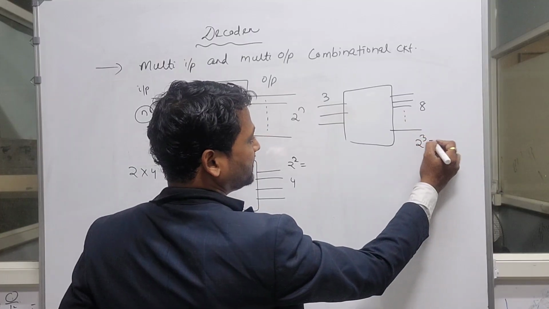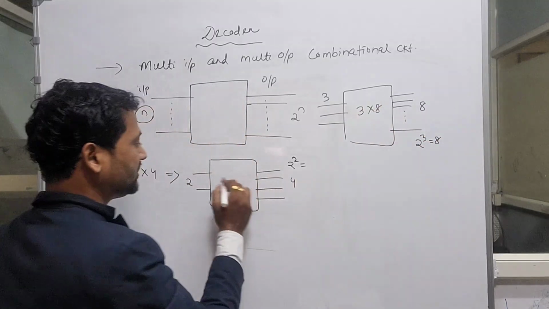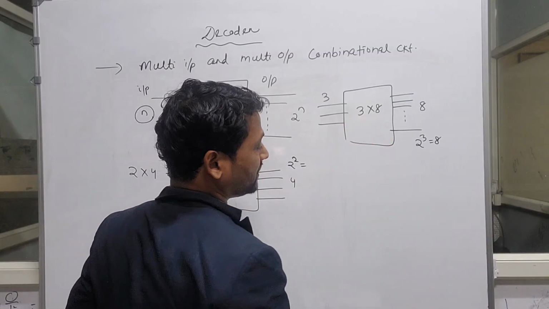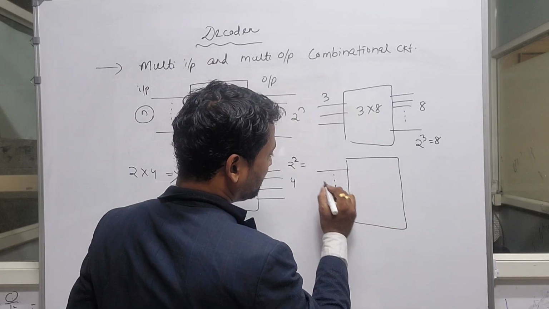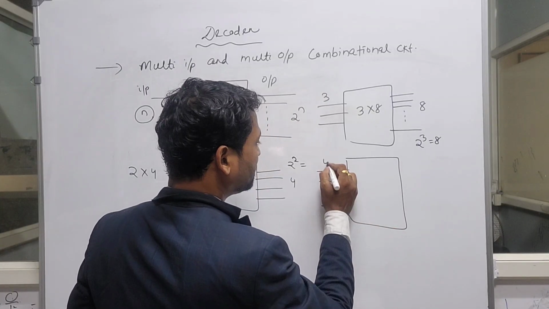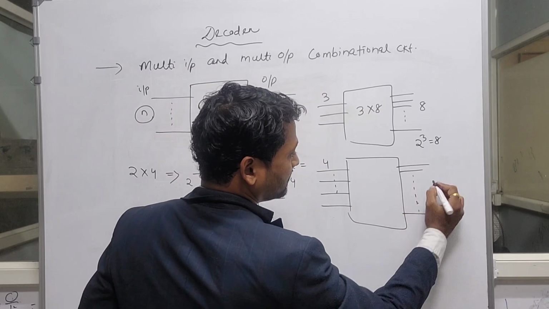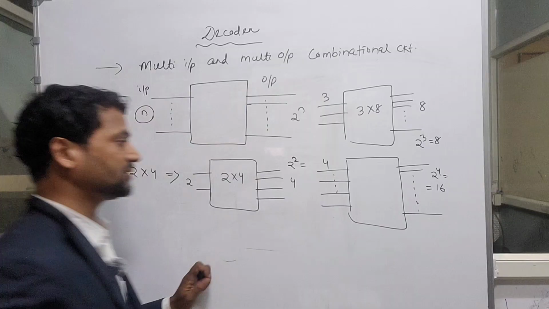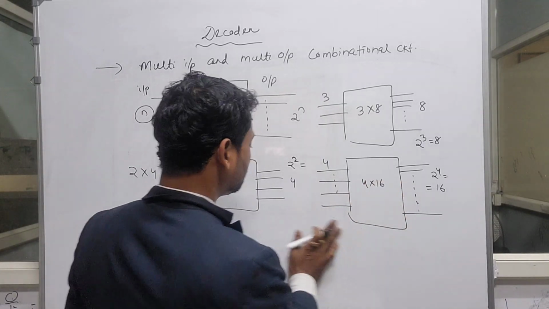Matlab 2 to the power 3 is 8. So that is called 3 into 8 decoder. ये क्या था? 2 into 4 decoder. That is 3 into 8 decoder. If there are 4 number of line in input and the output line will be 16, matlab 2 to the power 4, that is 16. So it is called 4 into 16 decoder.